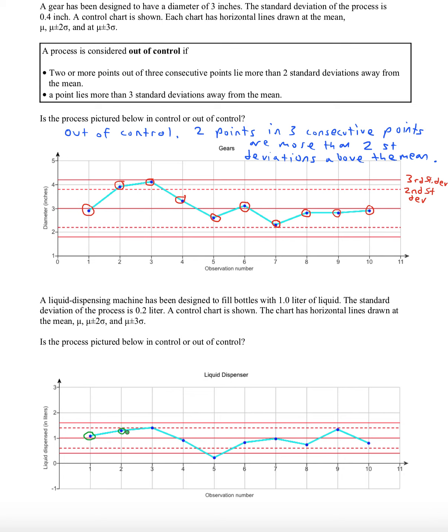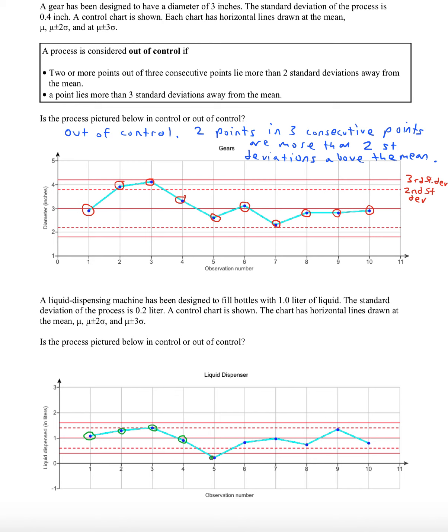This one might be a little more than 1 standard deviation away. And this one looks like about 2 standard deviations away. But then the process comes back into control here, and we didn't get 2 consecutive points that were more than 2 standard deviations away. So we're good so far.